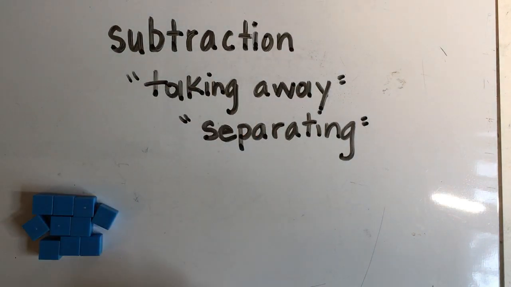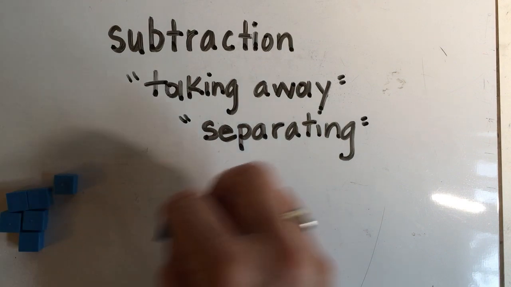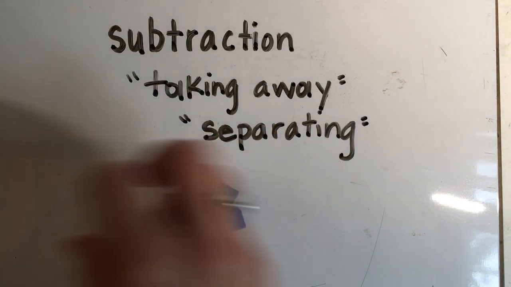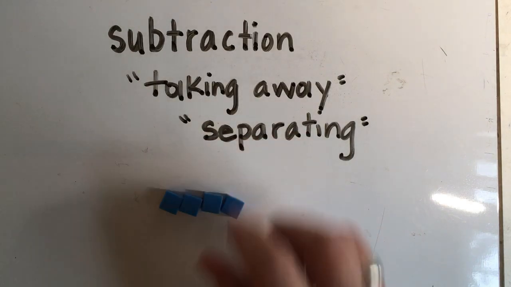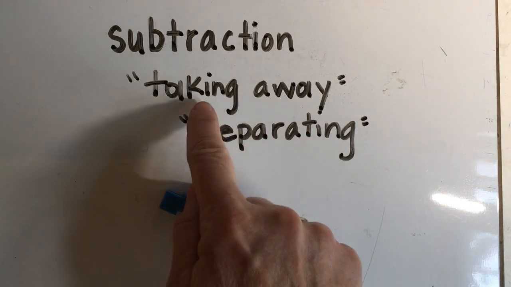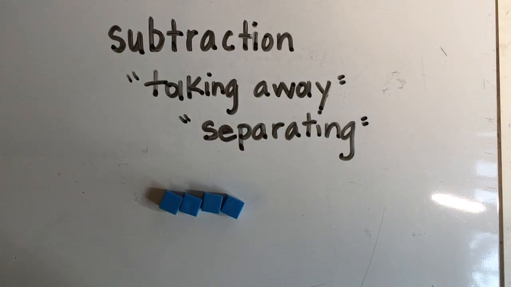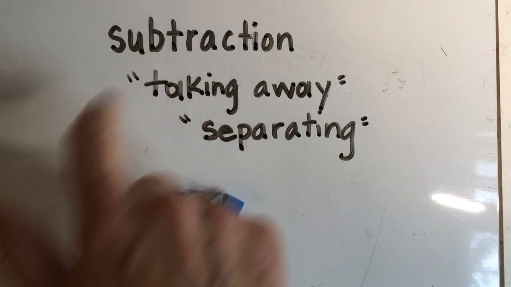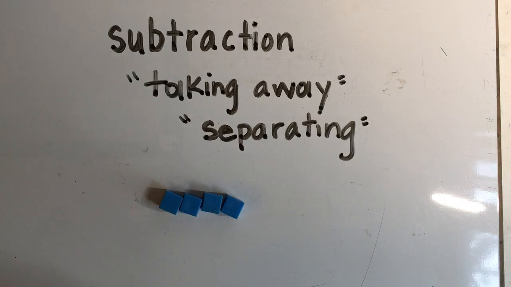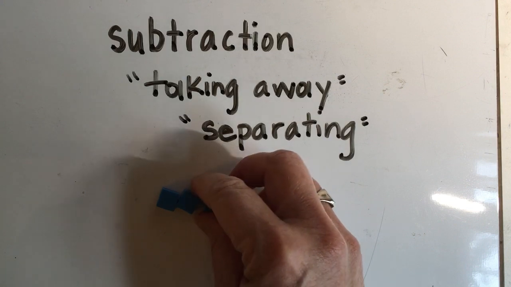And the idea of subtraction is that you have a quantity or a group of something, and you get rid of some of them, or you take away some of them, or you separate some of them. And the kind of math that we use to find out the answer to one of these separating or taking away or subtraction math sentences is that we use a minus sign.